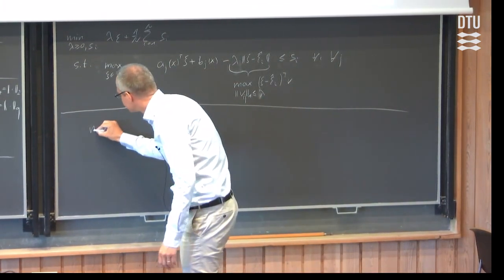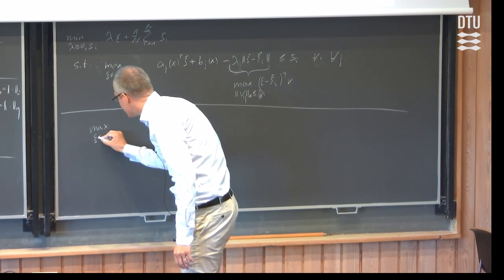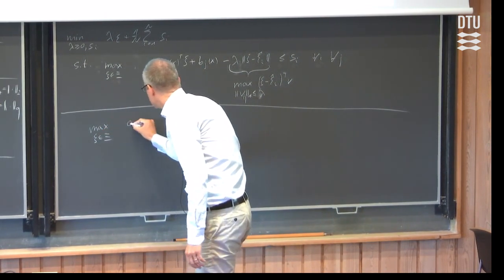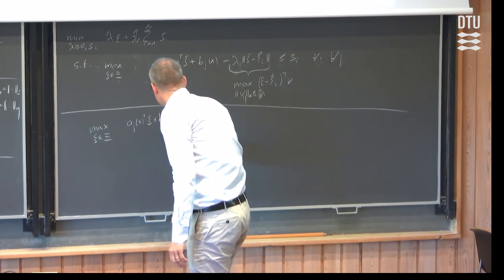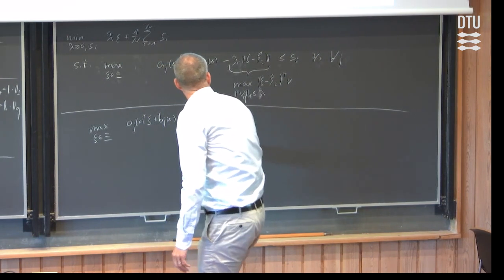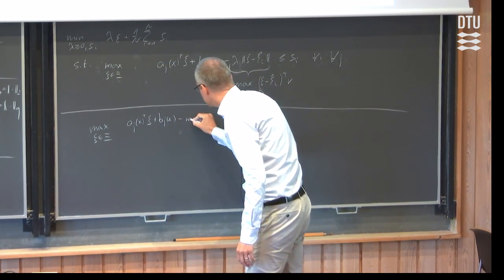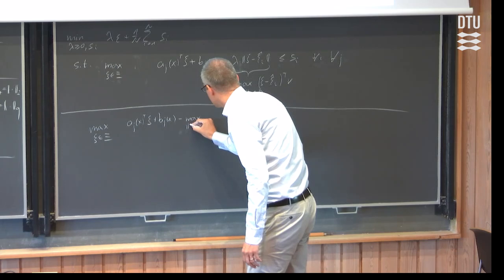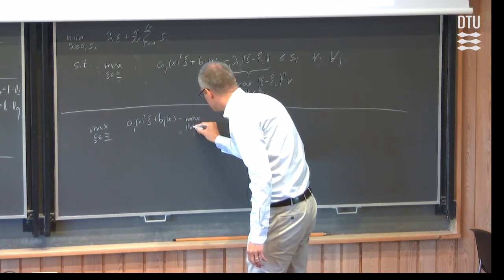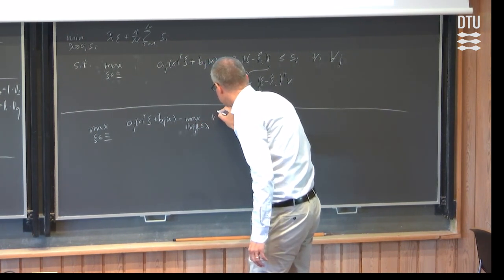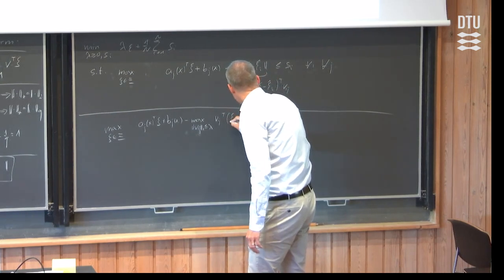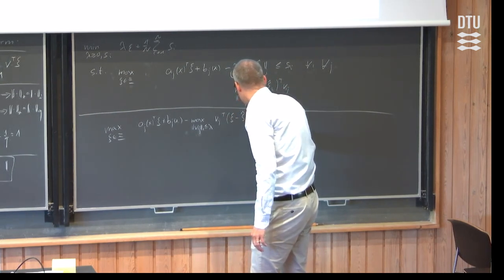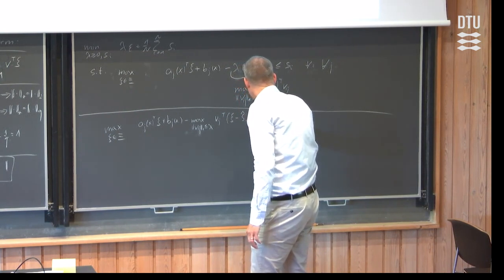My constraint is to maximize over all xi in Xi a_j(x) transpose xi plus b_j(x) minus the maximum over all v_ij with a dual norm of less or equal to lambda of v_ij transpose (xi minus xi hat_i) smaller or equal to s_i. Okay?